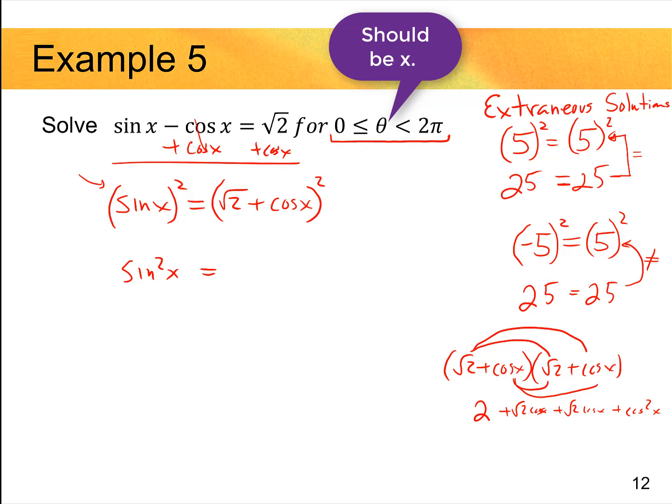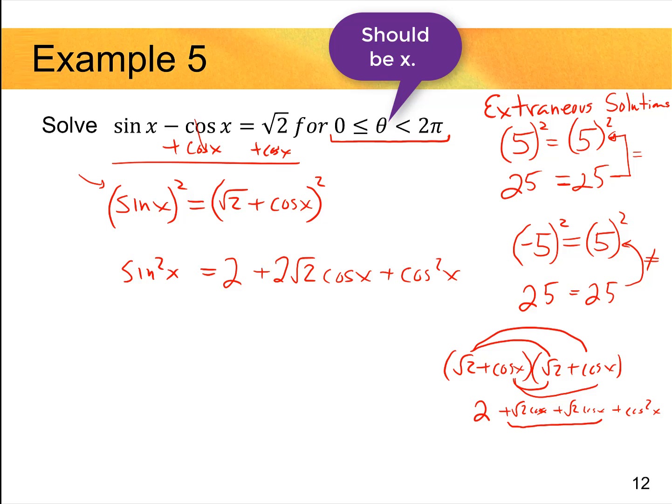Okay, putting it together, particularly these two terms right over here, gets you a 2 on the outside, 2 radical 2 cosine x in the middle, and then cosine squared x over here.